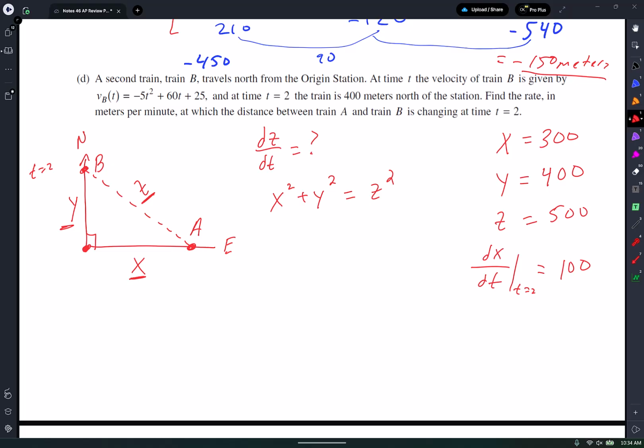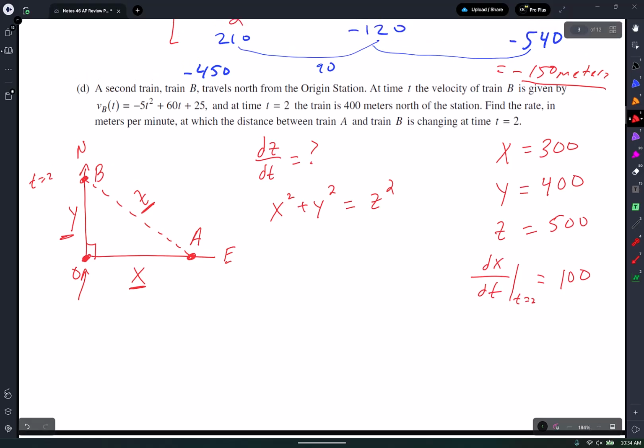Yes. So x, y, and z, those are positions right now. This is an x-axis, this is a y-axis, here's my origin, the origin station. This distance x is 300 meters east of the origin station, and this y is 400 meters north of the origin station. I'm just taking this from physics. You're going to do the same thing in physics class at the university.